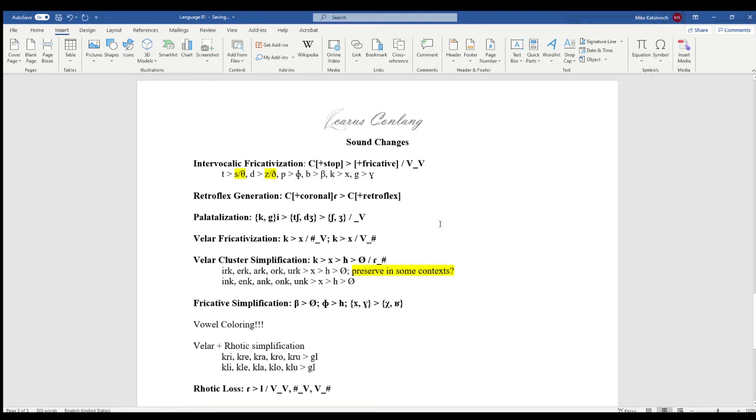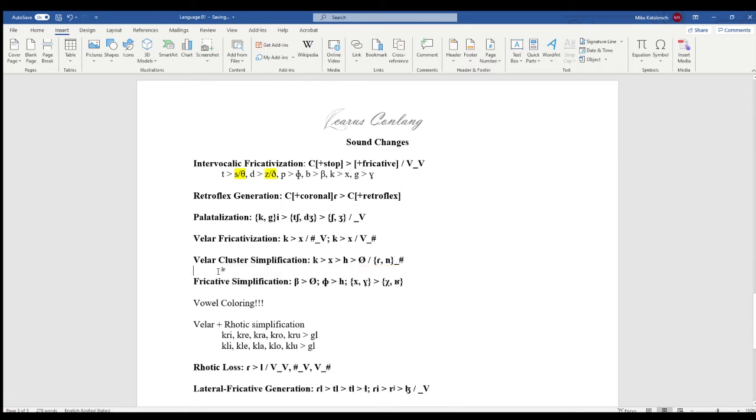But I'm going to say that is going to be R or N. That's that.